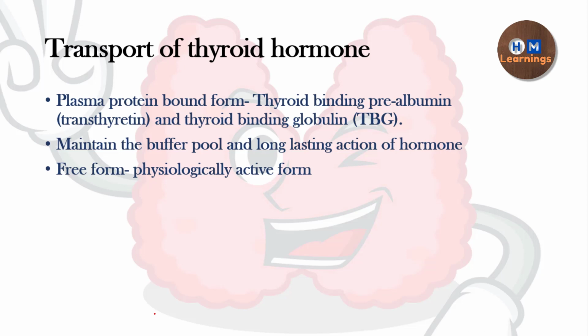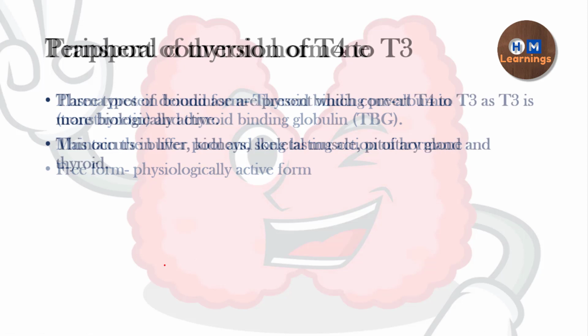They maintain a buffer pool so that there is a slow release of the thyroid hormone, not a sudden increase in the T4 and T3 levels, and it also allows the long lasting action of the hormone. The free form is the physiologically active form which exerts all the physiological action as well as regulates the thyroid hormone secretion.